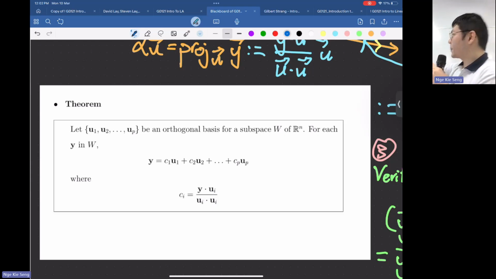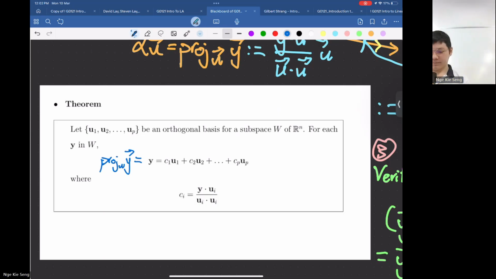If your subspace is spanned by u1 to up, then for every y in W, you just write it as a linear combination of u1 to up with these scalars. And these scalars are the same scalars we use in the projection. So if it already lives inside your subspace, then the whole thing is just the projection.